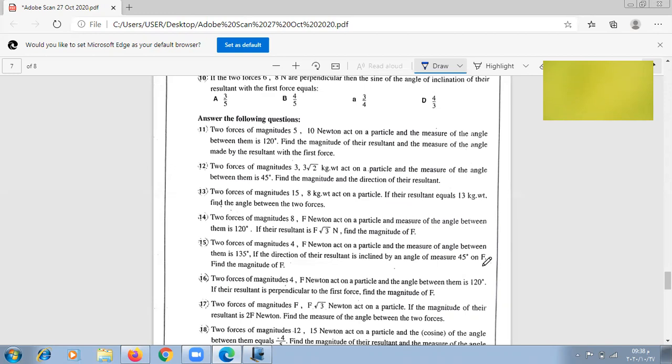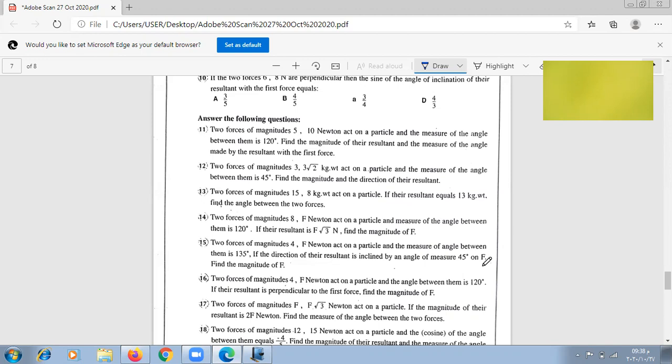Okay, let's see again the data we have: 4 and F are the forces. The measure of the angle between them is 135. We can use F as the second force as he wrote it because we have alpha, which is 135.